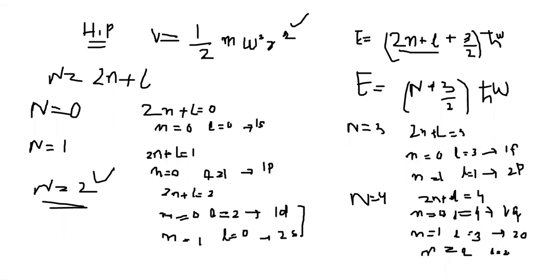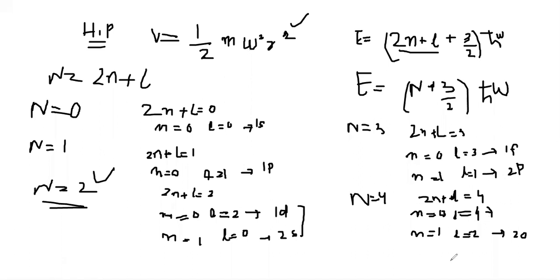Let me do it once again. n is 0, then L is 4, this one is correct. If n is 1, then L is 2, so that the total sum comes to 4. It was a mistake here. Is there any other possibility? I think these are the two possibilities.